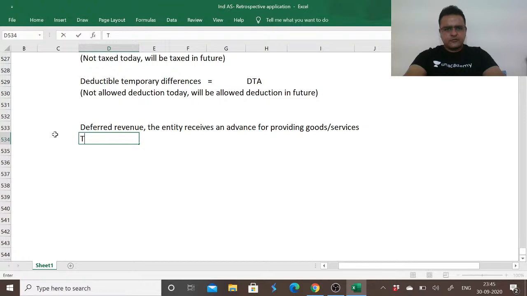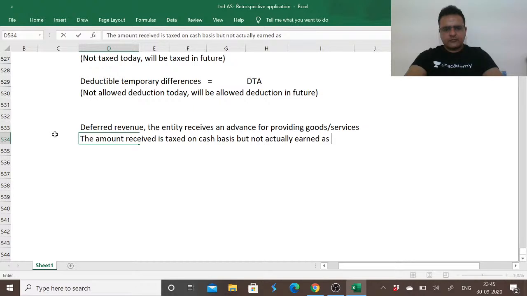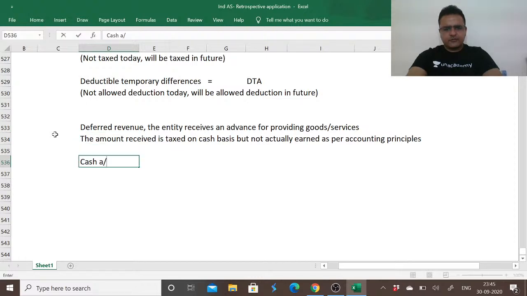The amount received is taxed on cash basis but not actually earned as per accounting principles. So we record a cash account debit, say 60,000 received, credit deferred revenue 60,000.